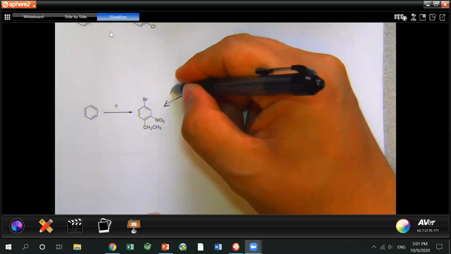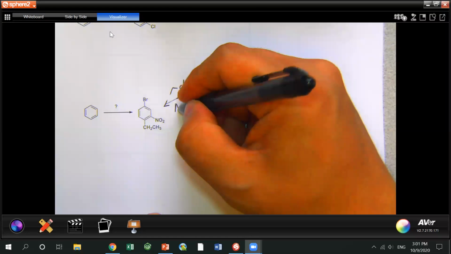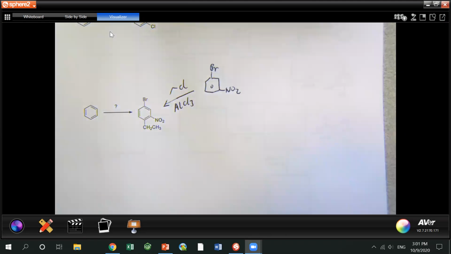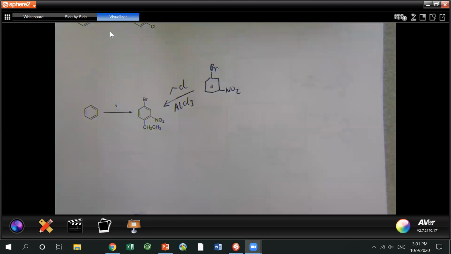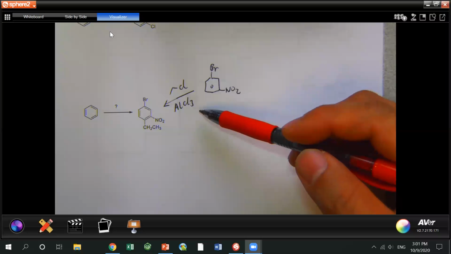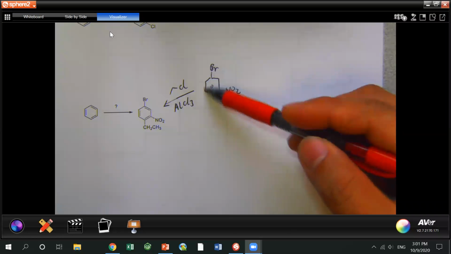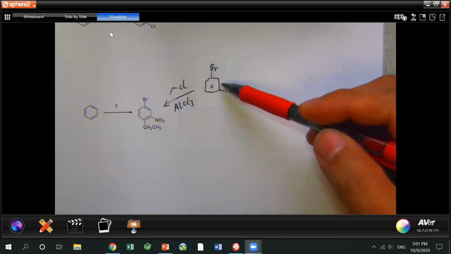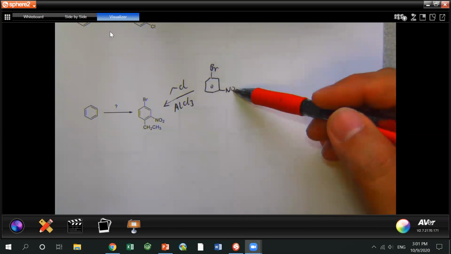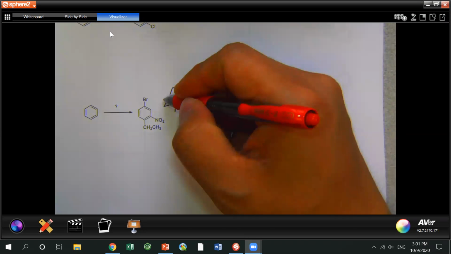For the ethyl group, we can do the Friedel-Crafts alkylation reaction. It turns out it doesn't work, because remember, in Friedel-Crafts alkylation you cannot have any deactivating group on the benzene ring. Here bromine and nitro are both deactivating groups, so that doesn't work.